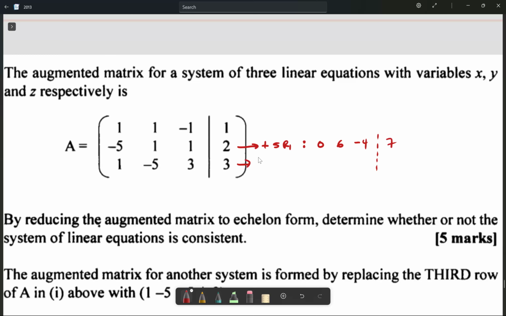Now we're going to do the same thing for row 3. For row 3, we want to eliminate this, right? Yeah, we want to eliminate this. So what we're going to do is subtract 5 times R1. Yeah, let's do that.